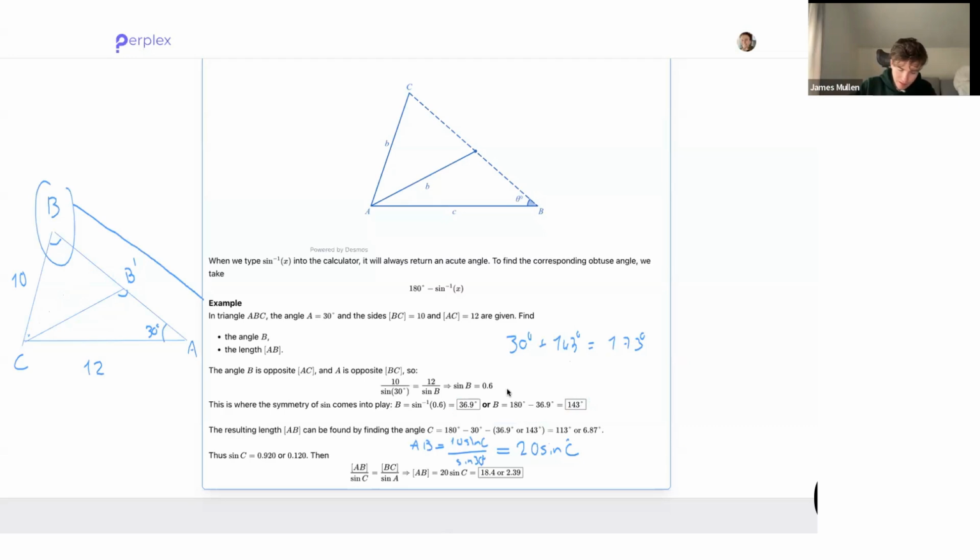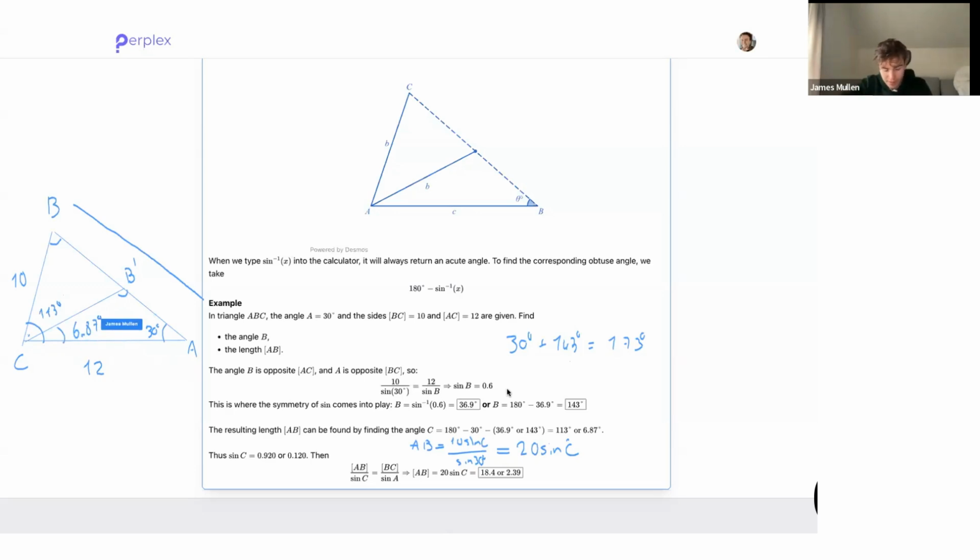And I'm trying to find the side from B to A, this side here, okay? I can use the sine rule to do that if I know what this angle is, okay? But to find what that angle is, I need to subtract 180 degrees minus this angle minus one of the two possible angles I just found for B. And that gives me the two possible angles of either 113, so this one is 113, or this one is 6.87. Again, the triangle is not to scale.